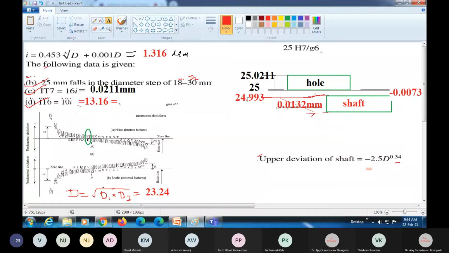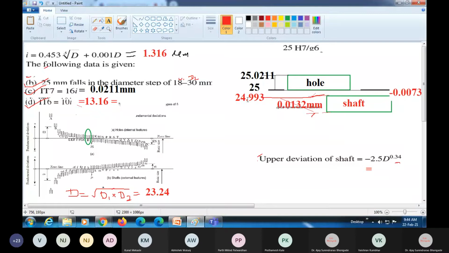Sir, can you work it out? 24.9798. Okay, so that is up to 4 decimal points. We can round it to two figures if needed.